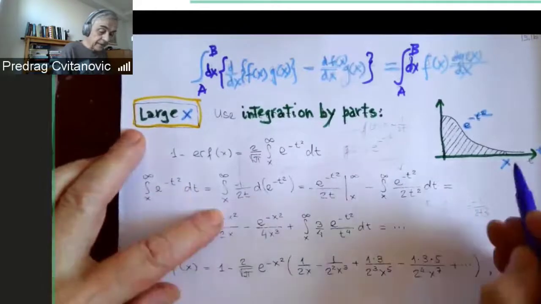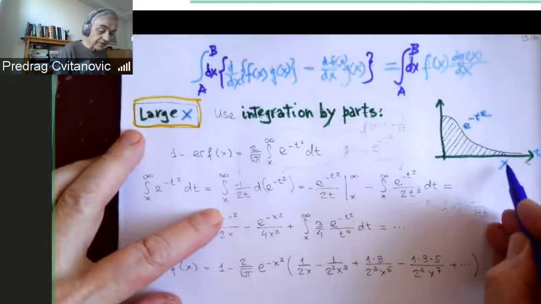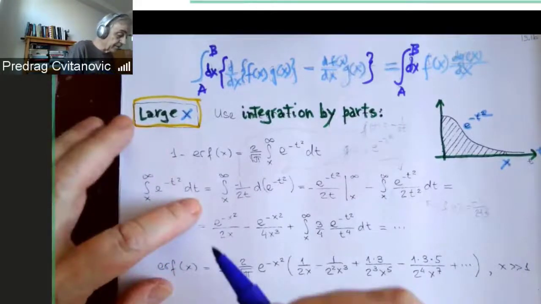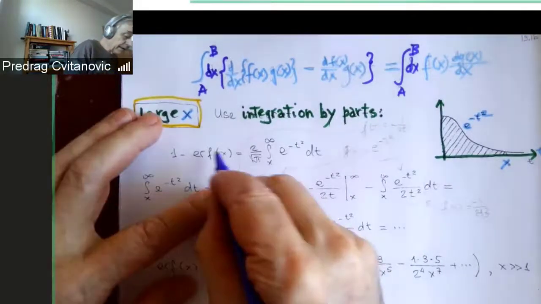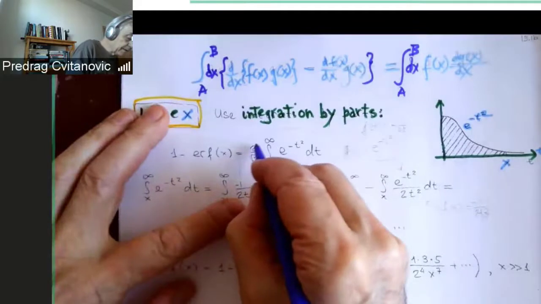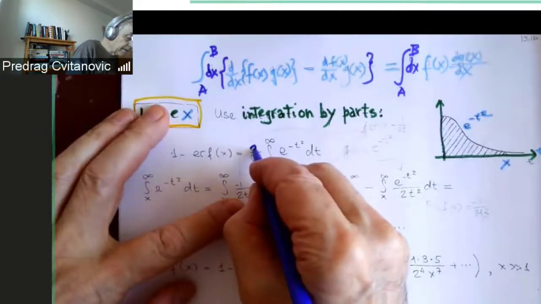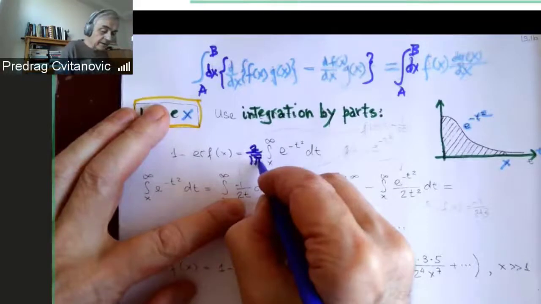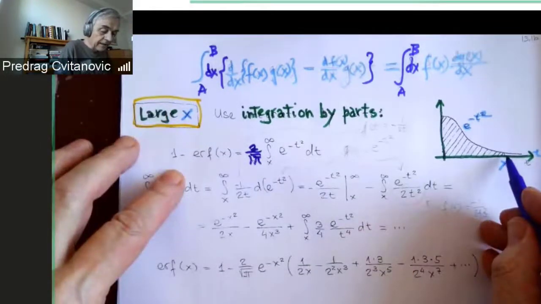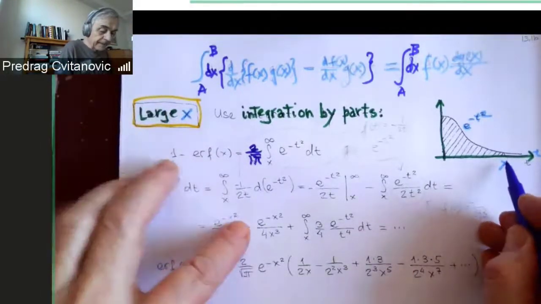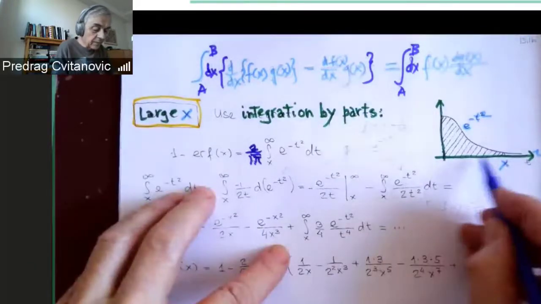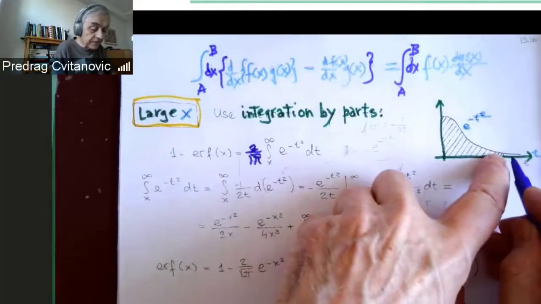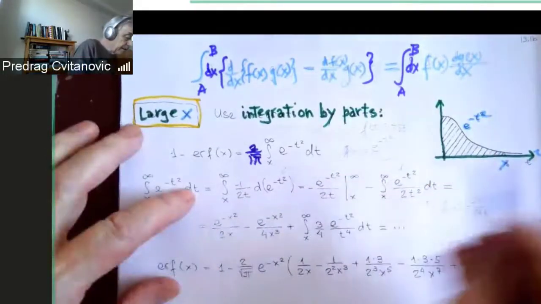So to evaluate something where x is large, we will use this trick. Again, we look at the error function. Now, we want to evaluate this area, but one thing we can do is take the Gaussian off to infinity and subtract the little part from it.